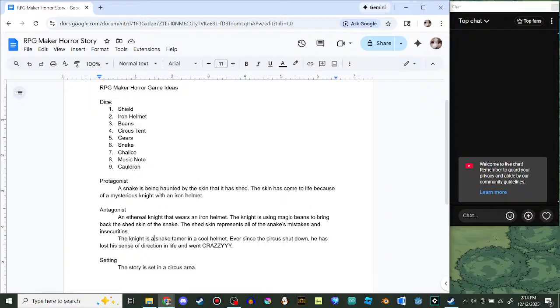Let's broaden the knight. The knight is an animal tamer in a cool helmet. Ever since the circus shut down, he has lost his sense of direction in life and went crazy.